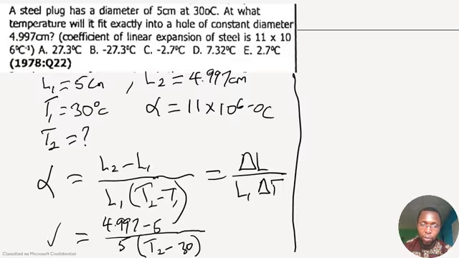Remember that our alpha is given to be 11.